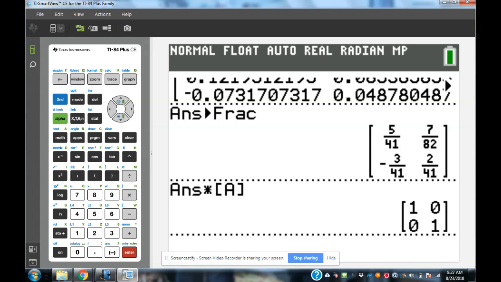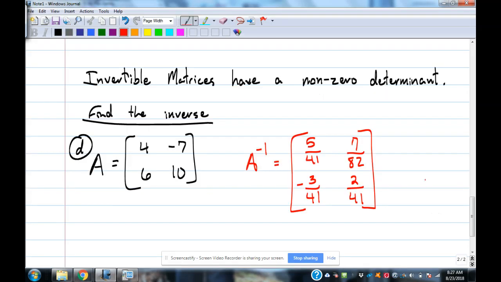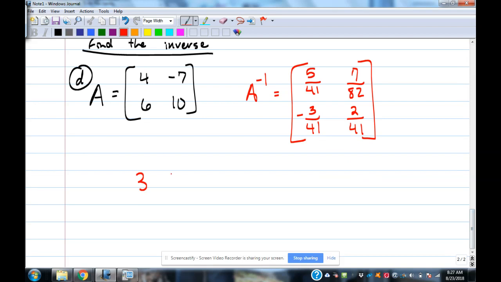When you think about regular numbers, we think about the multiplicative inverse of the number 3. Multiplicative inverse is a big word that just means the reciprocal, 1/3.